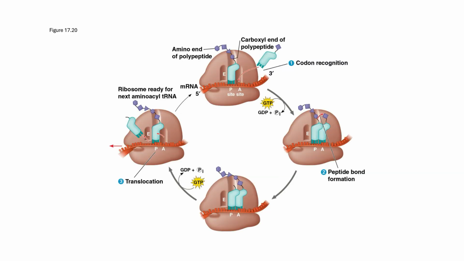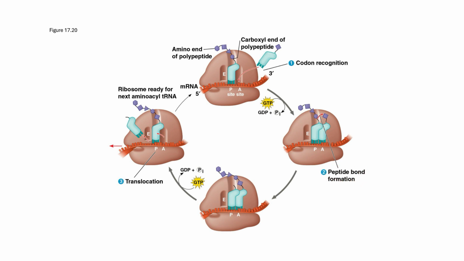So there are 3 steps of elongation: the codon recognition, where the tRNA, the anticodon, is going to recognize the codon on the mRNA. That process requires energy in the form of GTP that is going to release energy for this process. And then we have peptide bond formation that is going to be the next step.